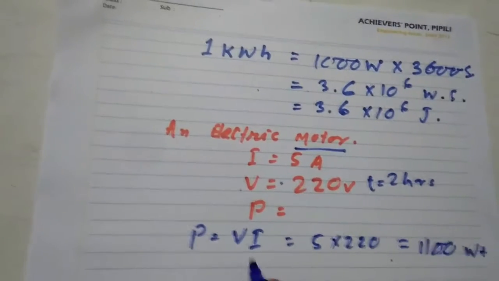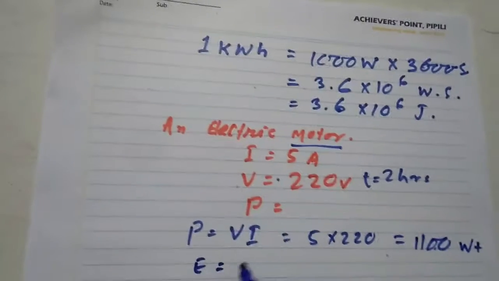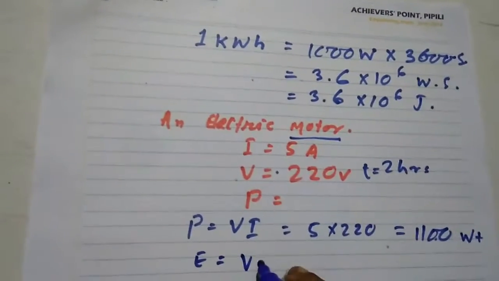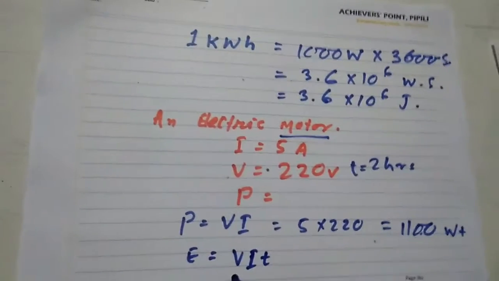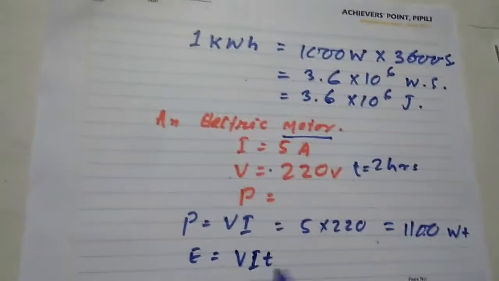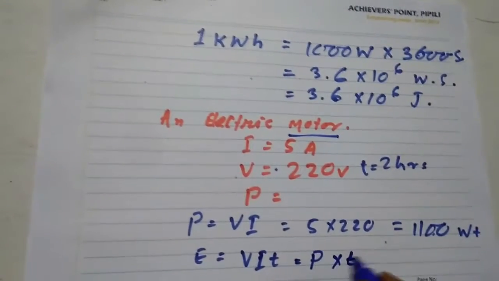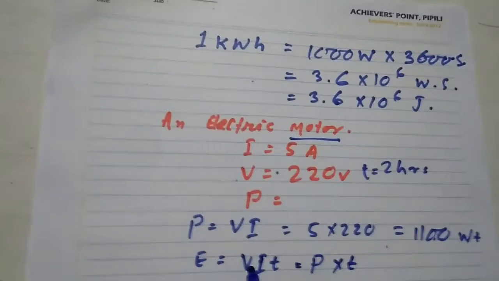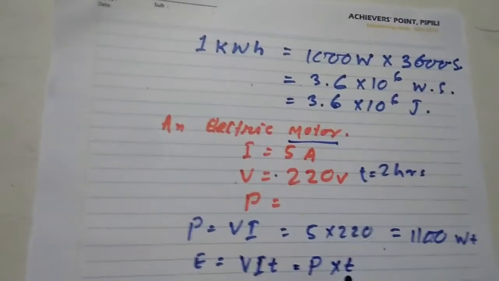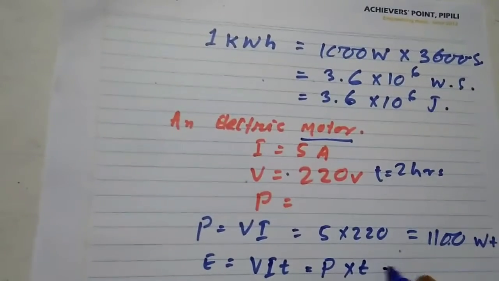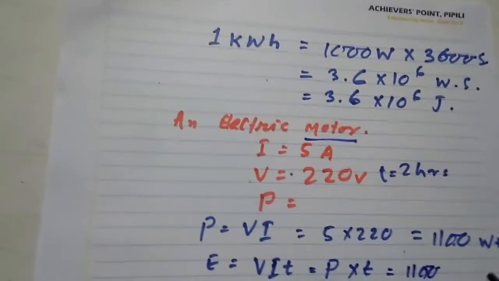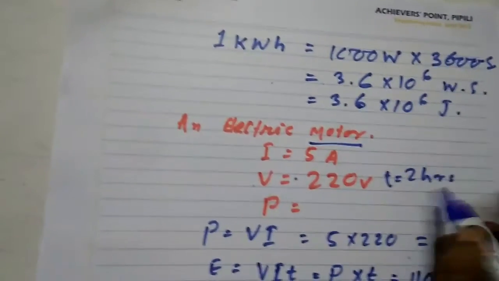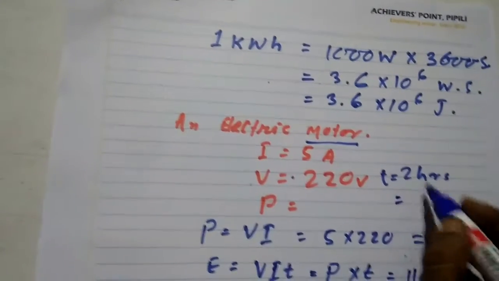So what will be the energy? E equals VIT, the product of potential difference, current and time, the duration of the current flow. We can write it as P into T, because P equals VI. Let's put in the values. P is 1100, and T is 2 hours.